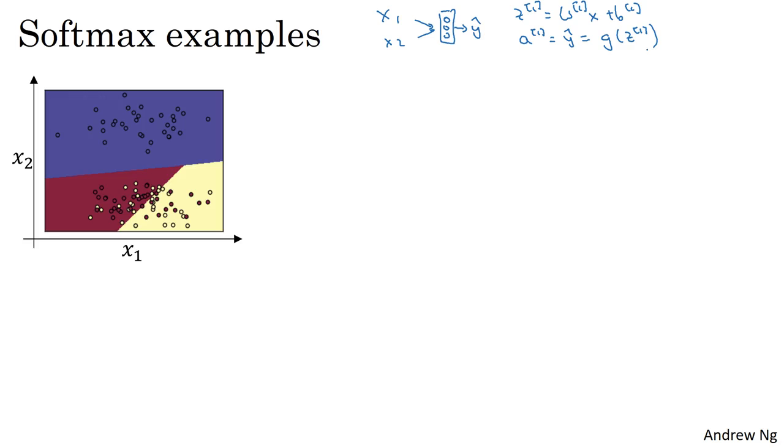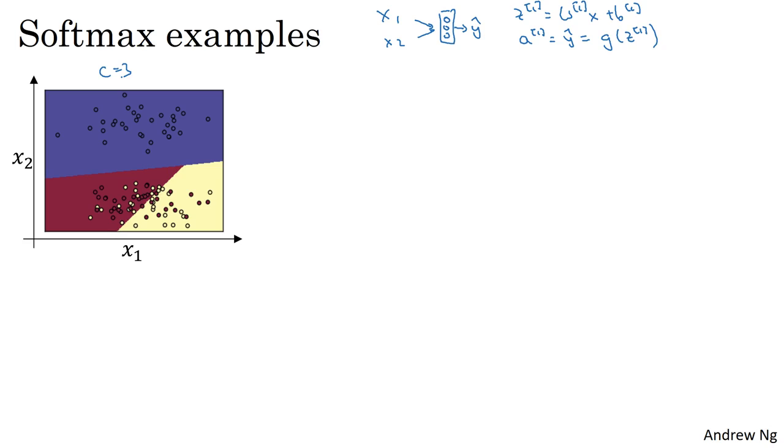Here's one example with just raw inputs x1 and x2. A softmax layer with C equals 3 output classes can represent this type of decision boundary. Notice it's several linear decision boundaries, but this allows it to separate out the data into 3 classes.